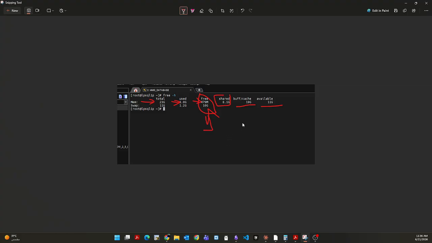What you should pay attention to is the available one. But what really matters, I think, when there is memory pressure, is this column, which is the buffer cache. Of course, you should look at the available, which is the column that gives you an impression of what really happened in your system, that you still have 11 gig available for your application to use.